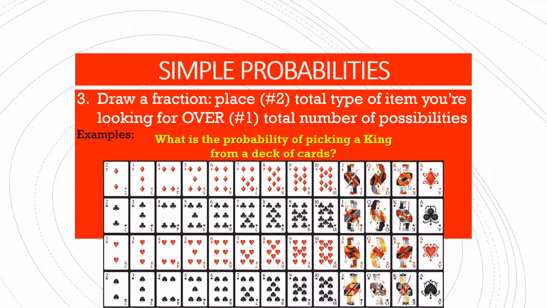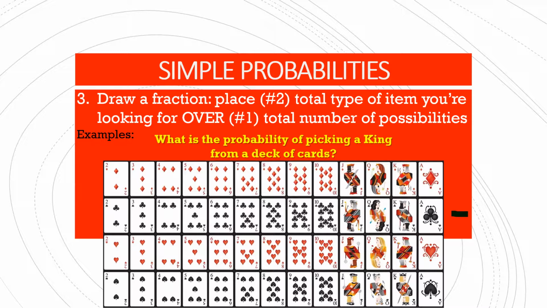So let's look at this example. Here is what we were just talking about. What is the probability of picking a king from a deck of cards? Now here's an entire deck of cards laid out face up so you can see the suits. And there are 52 of these cards in a deck of cards.